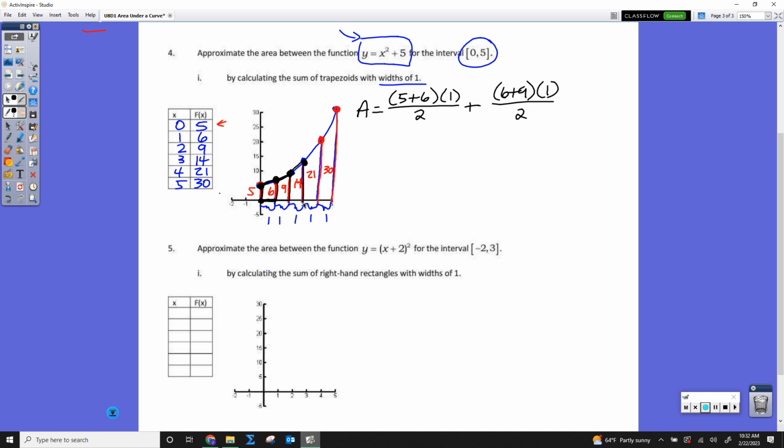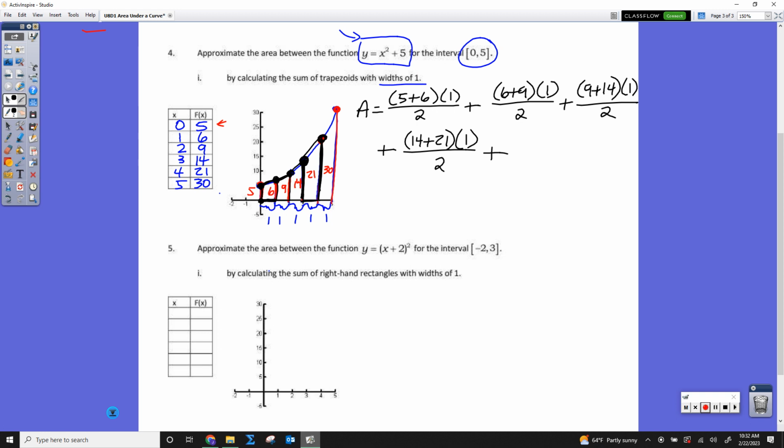Our next trapezoid, so 9 plus 14, times our height, divided by 2. All right, fourth trapezoid, from here to here. Connect those heights, draw them down. So we have a base of 14 all the way to 21. So 14 for the first base, 21 for the second. The height, once again, is 1, divided by 2.